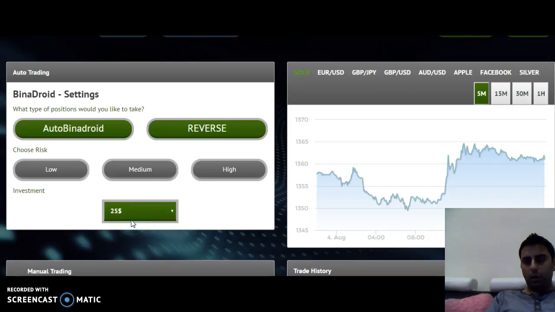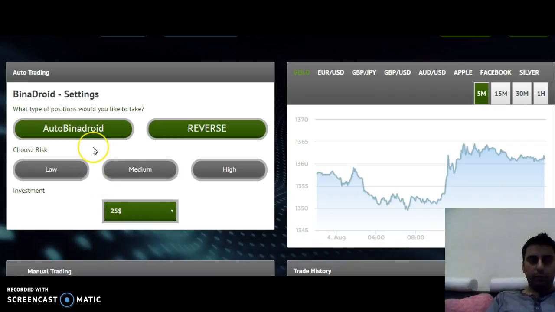Taking a look at the platform that the Binadroid2 adopts, this trading software is predominantly an auto trader that has very few basic functions, which is quite self-evident and easy to understand.